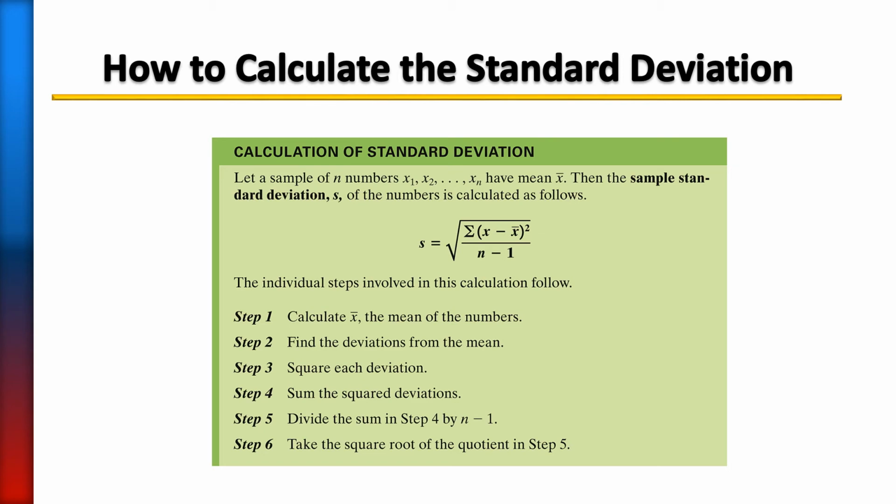Now, the individual steps involved in calculating the standard deviation are as follows. There you see step 1 through 6. You can read over them later. I'm going to go ahead and do an example to walk you through it because it will make more sense once we do an example.